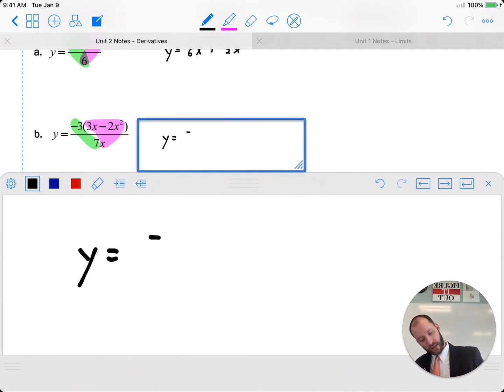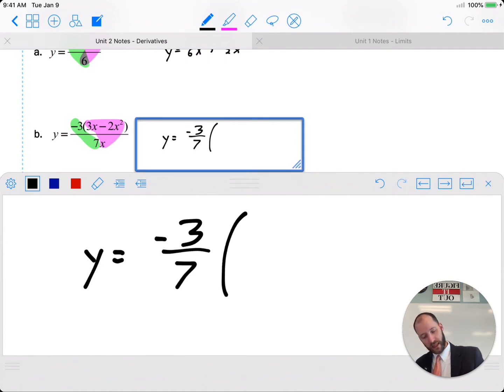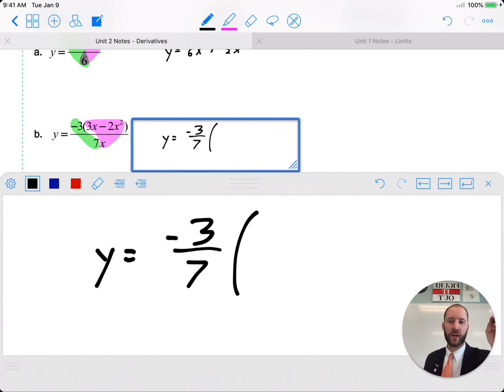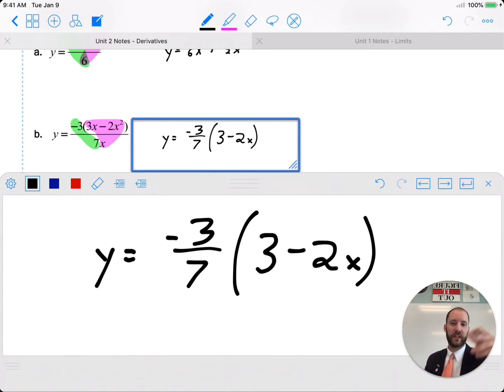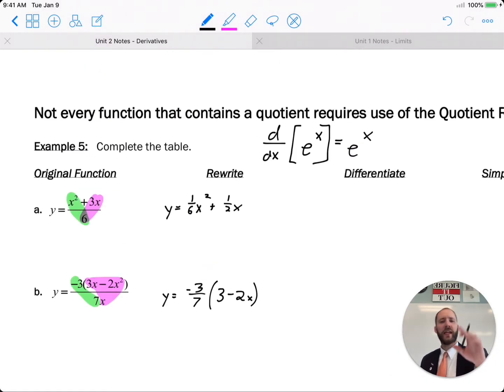So -3 over 7. Then 3x minus 2x squared all over x. You can cancel an x out of every term. So 3 minus 2x. You could then distribute the -3/7 and take the derivative from there. So if you can simplify it down before you take the derivative, that is usually a good move, okay?